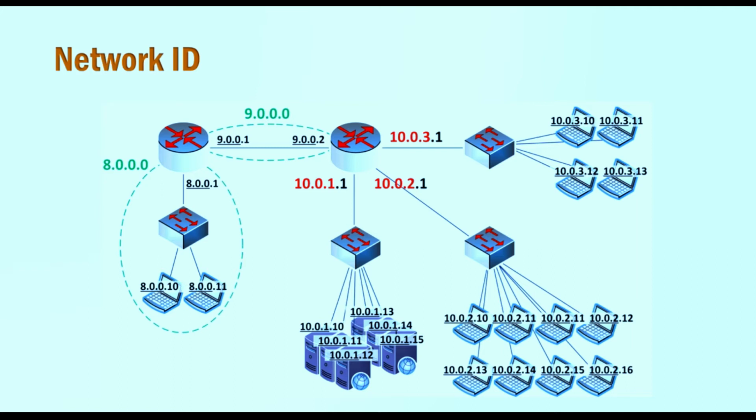So we assigned the router on the left 9001 and the router on the right 9002. These are the two IP addresses we're going to use in this network, and in this network, we're only going to need three IP addresses, one for the gateway and one for each of the laptops.